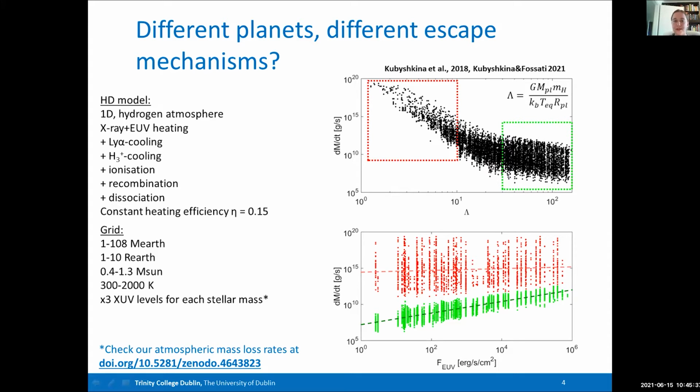This could be interpreted as the escape from the planets on the left being driven mainly by the own thermal energy of the planet, and on the right being strongly dependent on the stellar irradiation.